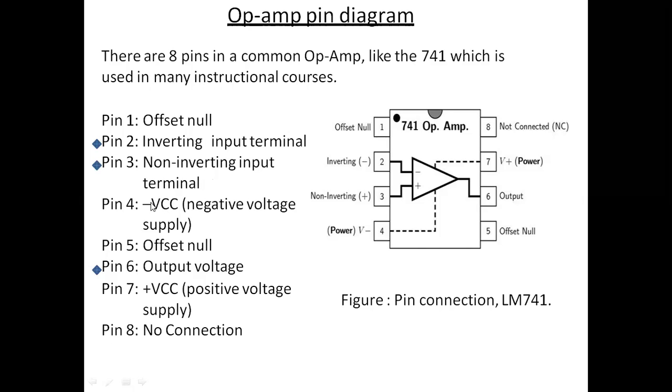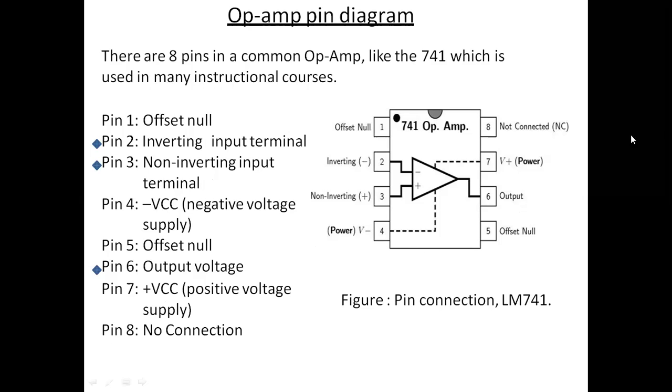Again, pin 4 we can say is minus VCC. It means here we can give the negative power supply, and at pin 7, we can give positive VCC, which means the positive power supply. Again, like pin 1, the fifth pin is also reserved as offset null.